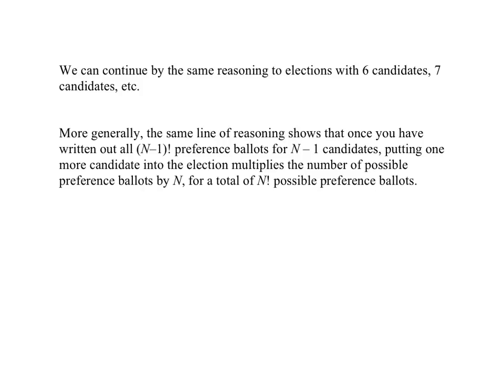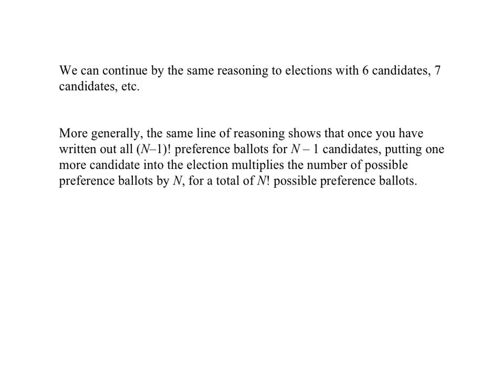If you already have all n-1 factorial preference ballots for only n-1 candidates, then putting one more candidate in to bring you up to n candidates will multiply the total number of possible preference ballots by n. Right? You'll have n separate blocks of this many ballots each, and that will give you a total of n factorial possible preference ballots. Right?